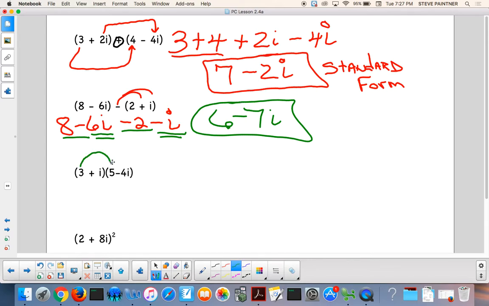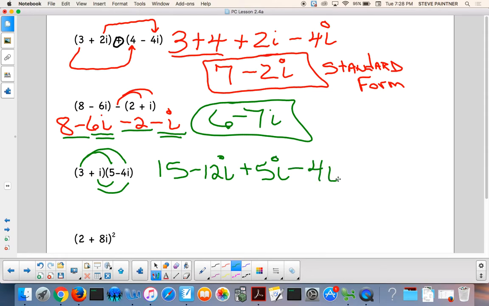Multiplication. FOIL. Just start FOILing. 3 times 5 is 15. 3 times negative 4i is negative 12i. i times 5 is 5i. i times negative 4i is negative 4i squared. Okay? Now add like terms. Well, you got to remember this back part.